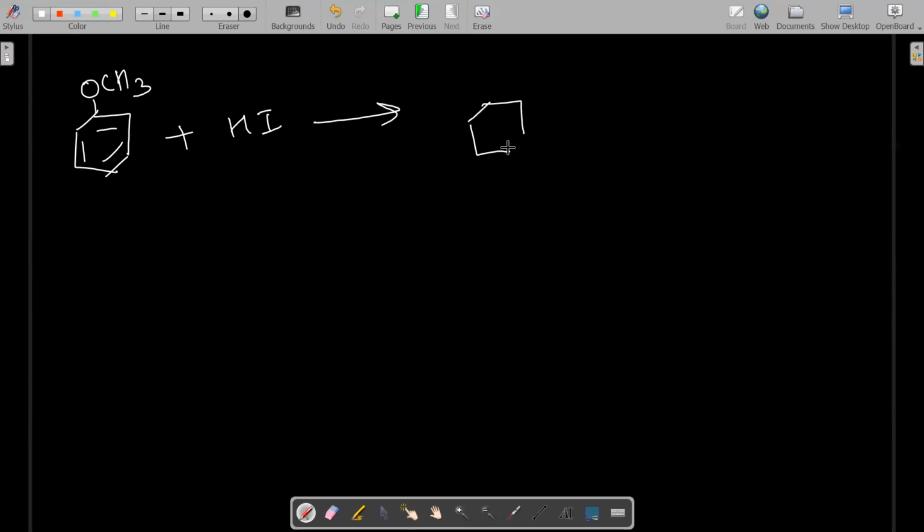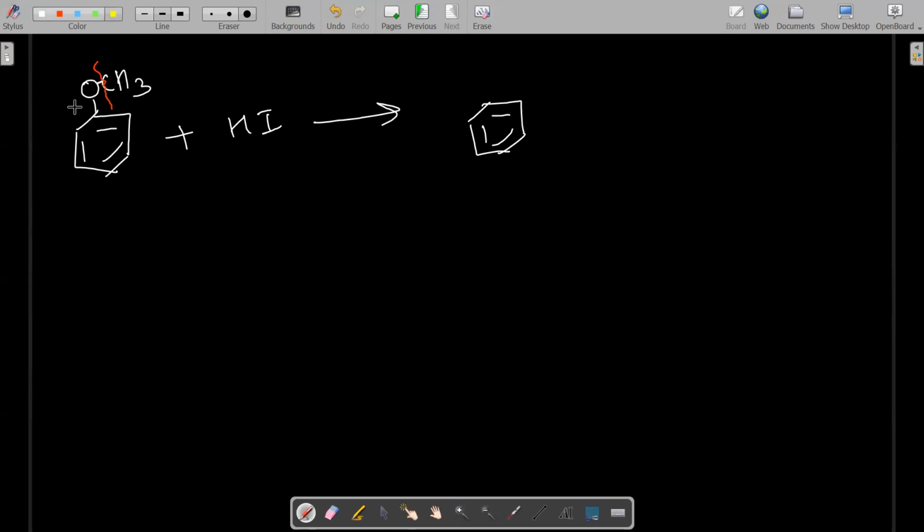Okay, but suppose we take an aromatic ether, that is anisole. So what product do we get when anisole is treated with HI? In this case, always the cleavage occurs from which side? Only from the alkyl side, from this side only, okay?